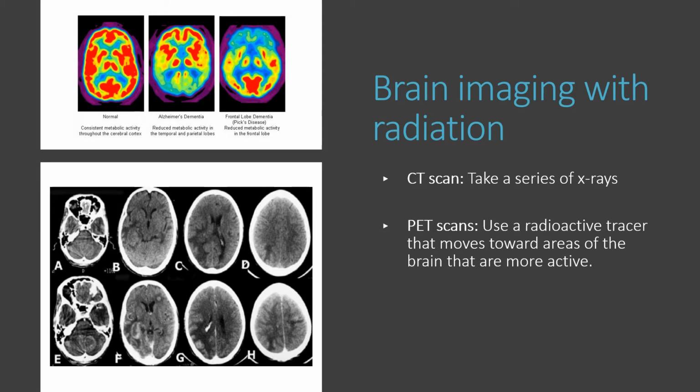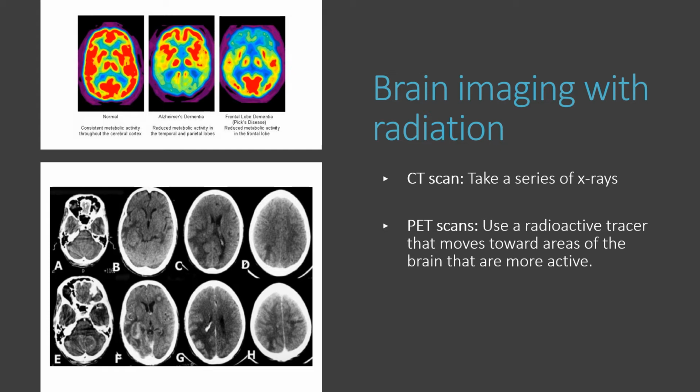In the center image, we see an individual who has Alzheimer's dementia, and we see in particular reduced metabolic activity in the temporal and parietal lobes. If you look at the image on the left and the image in the center, it's very different. And then we can see the image on the right, and this too is different. This individual has frontal lobe dementia, and here we see reduced metabolic activity in the frontal lobe.